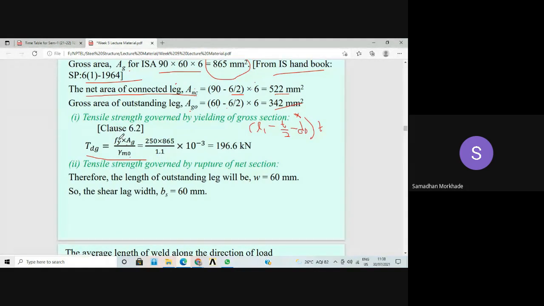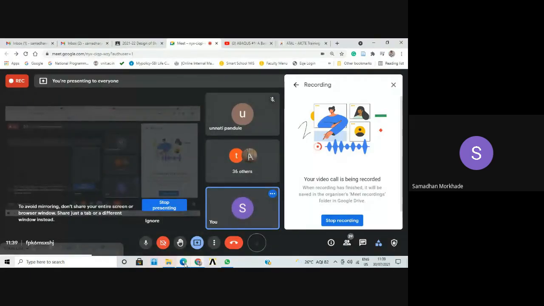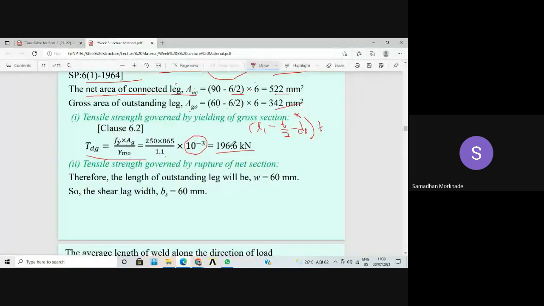Fy is 250, AG, gross area of the section from steel table, 865, divided by 1.1 into 10 to the power minus 3, to convert Newton into kilonewton. So it is 196.6 kilonewton. How many students got 196.6? 40. So first TDG is over.